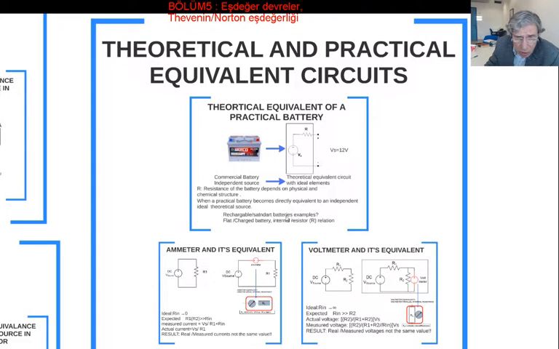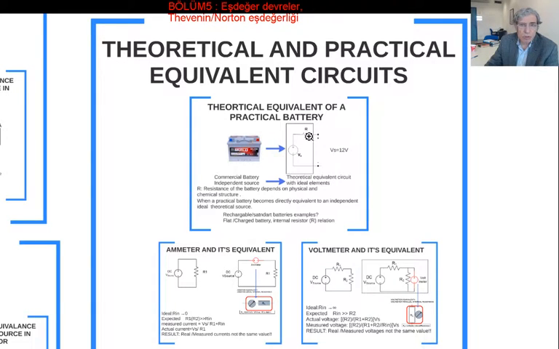Rechargeable and standard battery examples: you can consider this circuit true for rechargeable batteries and standard batteries. When it becomes flat, which in Turkish is "bitti, pil bitti" dediğimiz hal, this means the R value increased.